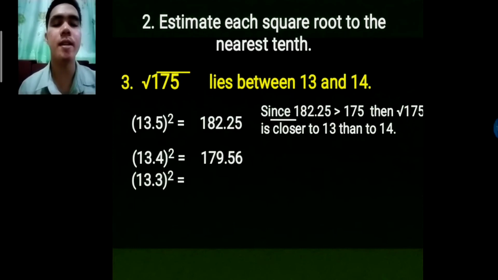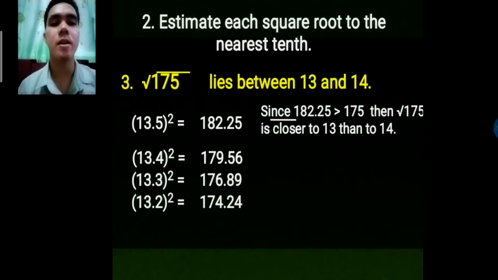Let's try another one. 13.3 squared is 176.89. Let's try one more. 13.2 squared is 174.24. Since 175 is between 13.3 squared and 13.2 squared, we will choose which value is closer to 175.